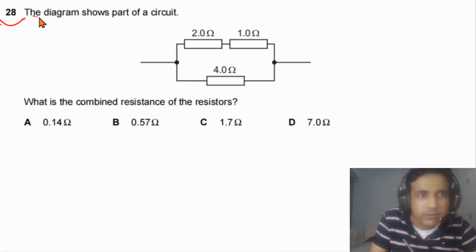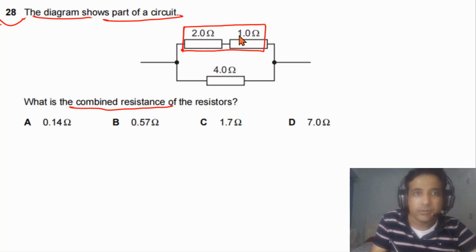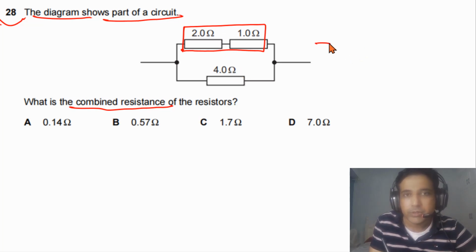Question 28 says the diagram shows part of a circuit. What is the combined resistance of the circuit? In this case you can see we have two resistors connected in series, and these two resistors are connected in parallel with this one. So we can redraw this circuit. We can replace these two resistors with one resistor of 3 ohms.